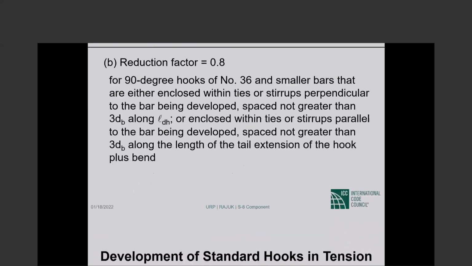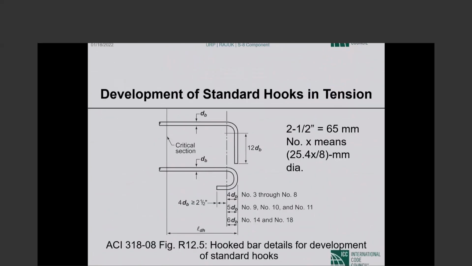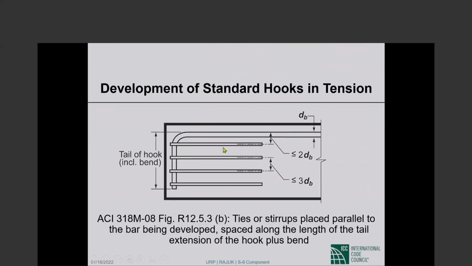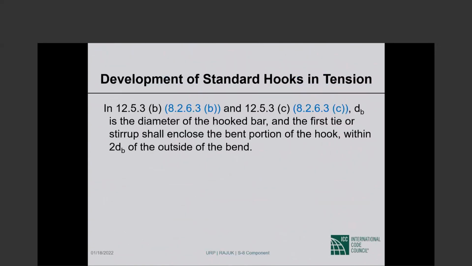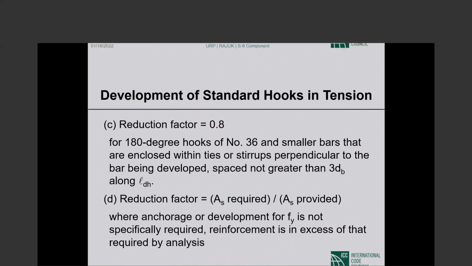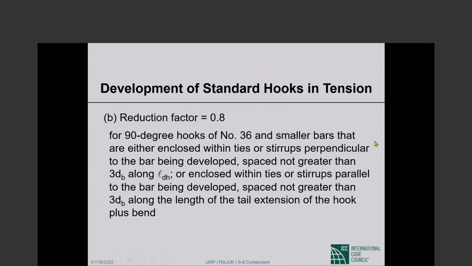So what we are saying is a 90-degree hook that has confinement reinforcement like this perpendicular to the bar being developed, and the spacing no more than 3 bar diameters, or you have confinement reinforcement like this, parallel to the bar being developed, perpendicular to the hook, and the spacing here is also no more than 3 bar diameters. If you have one or the other, so for 90-degree hooks, number 36 and smaller bars, those two pictures are described here. You get a reduction factor of 0.8.